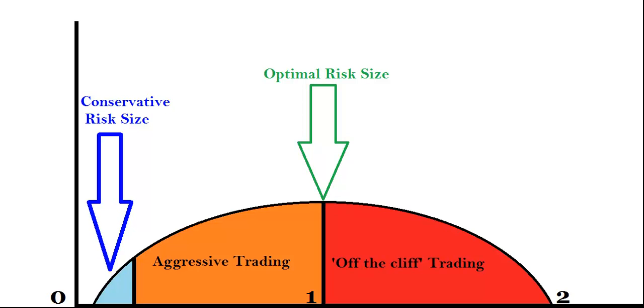Now, in practice, that probably is not true. And what that means is we're kind of taking a snapshot of our trading system and saying this is how it's always going to be. So what that means is, in the real world, your trading expectancy is not constant. So that means that your optimal risk size is not constant either.